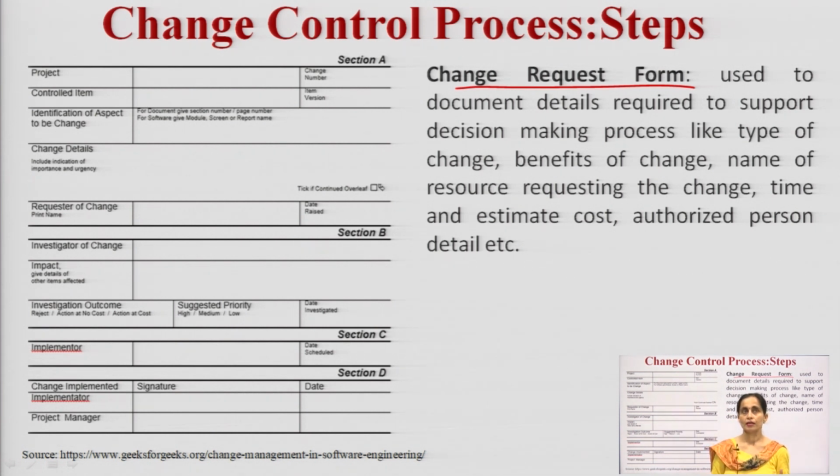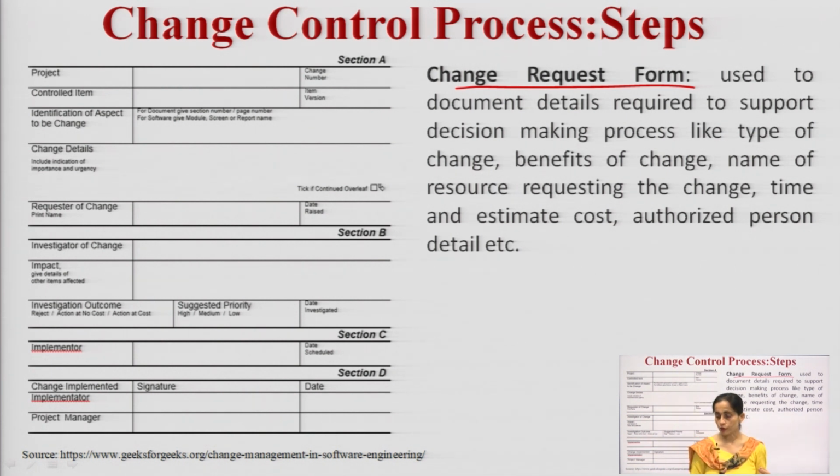So, first is the change control process log, meaning as per this software how many change logs are being generated. Then next is how many change request forms are being generated.